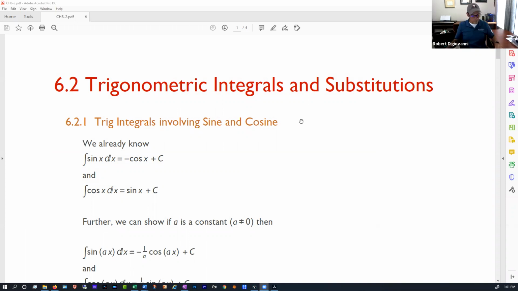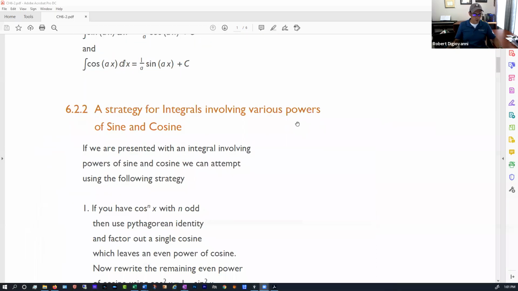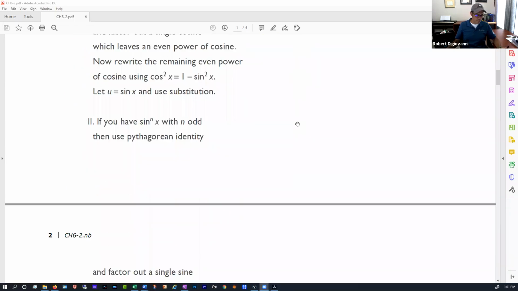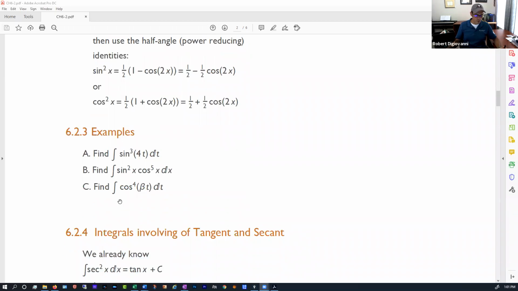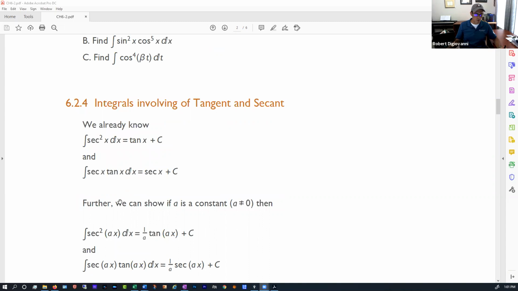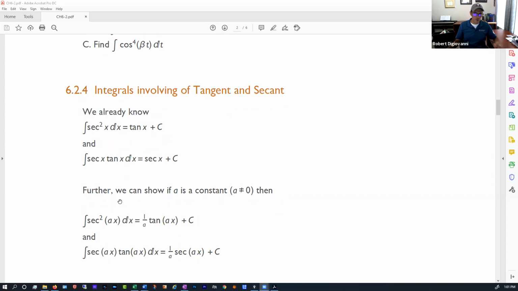We just talked about how to deal with trig integrals involving sine and cosine last time, so we did these 3 examples here. And now we're going to proceed into the steps for solving trig integrals that involve secant and tangent.